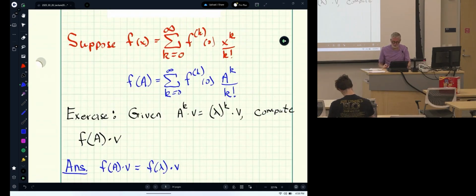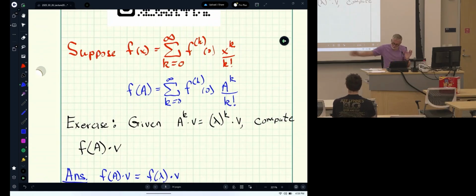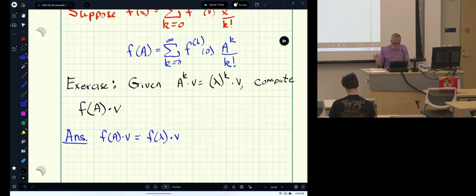What does this say? You take a power series, you plug in a matrix to it. If v is an eigenvector of A, it is also an eigenvector of f of A, and the eigenvalue is f of lambda. It's super cool, okay?